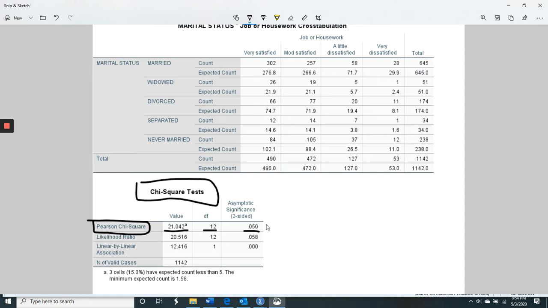It's actually two-sided, so we divide it by 2. It doesn't really matter in this case because the significance is less than 0.05. Just like with every SPSS test we have, if it's less than 0.05, we reject the H0. We reject the H0.